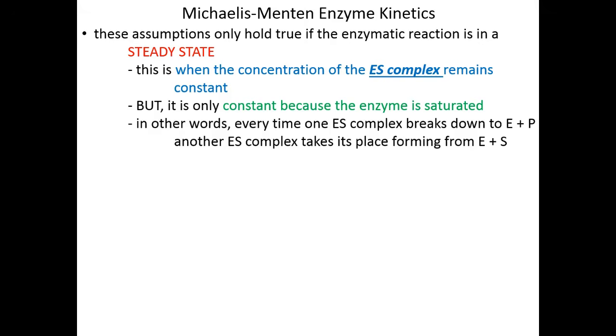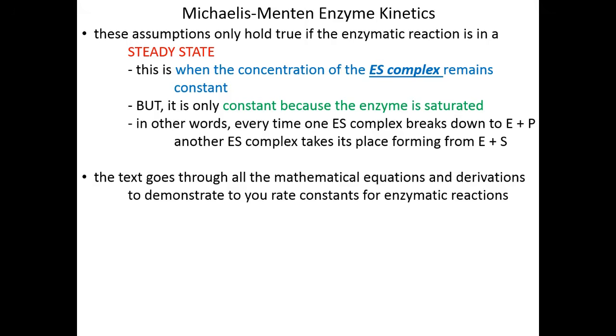In other words, the reason why the enzyme substrate complex concentration remains constant is because there's so much substrate there that every time an enzyme binds to substrate, converts it to transition state, and releases it as product, right there, boom, is another substrate molecule ready to jump right into that open active site. Never do you find free enzyme around, because the moment enzyme becomes free, another substrate jumps in to repeat the process.